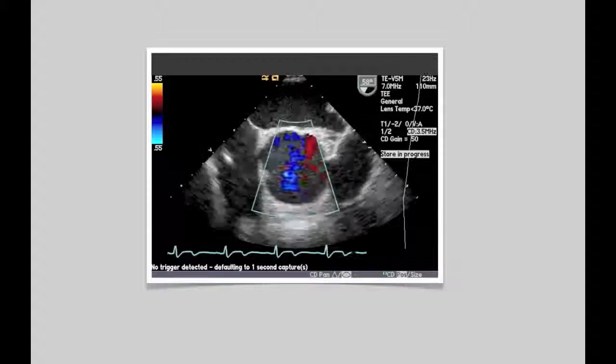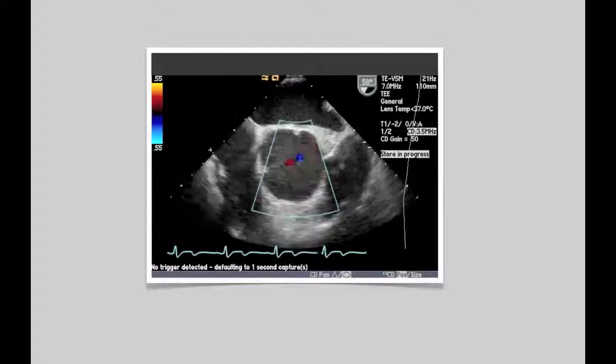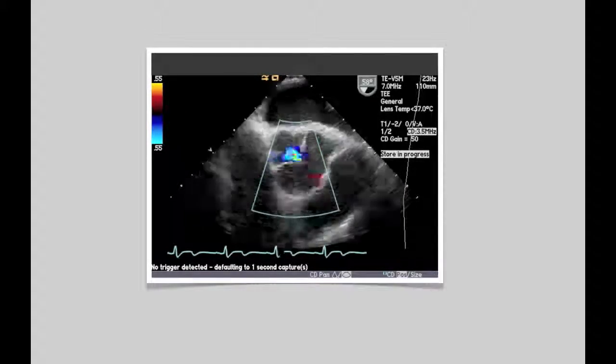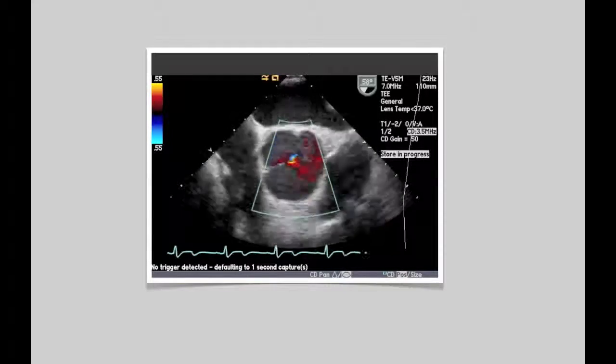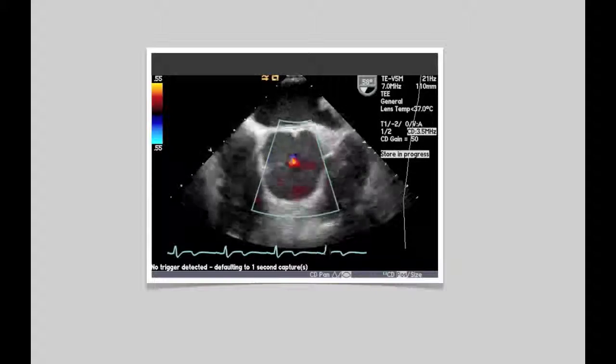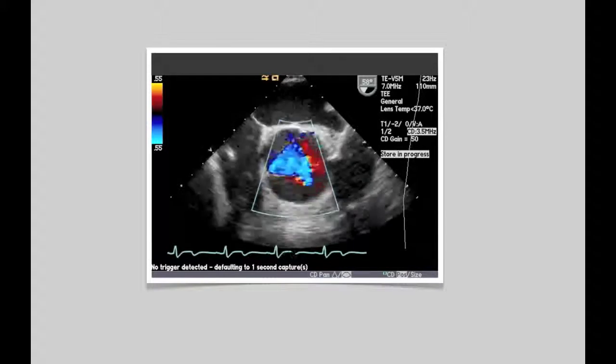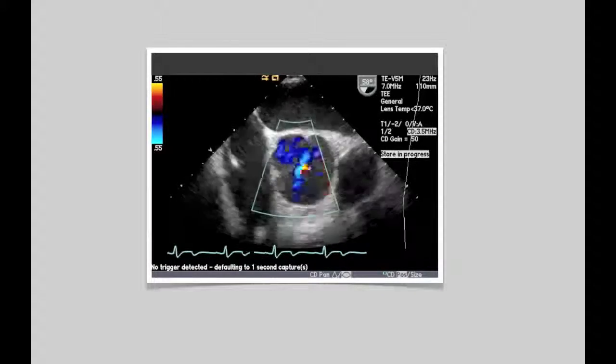In this picture, we see a mid-esophageal aortic valve short axis view with color flow Doppler placed across the valve. Notice that the Nyquist limit is 55 to the left of the screen. That's an adequate Nyquist limit. And whenever assessing the aortic valve, it should be between 40 and 65.